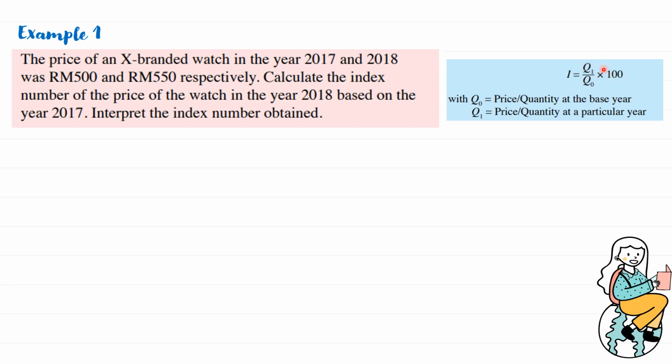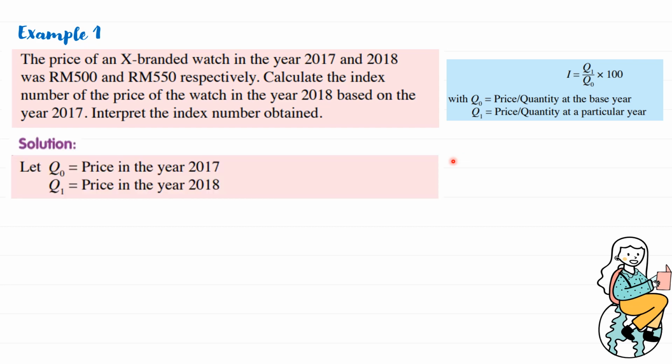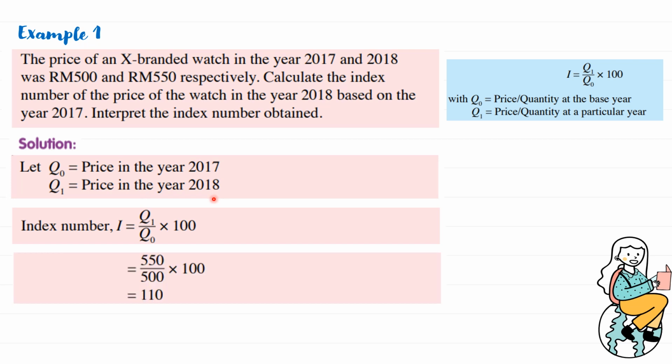Q1 refers to the particular year, which is 2018, and the statement said based on the year 2017, so 2017 refers to the base year, Q0. So substitute into the formula. Let Q0 be the price in the year 2017, while Q1 refers to the price in the year 2018. So this is the formula, I equals Q1 over Q0 times 100.